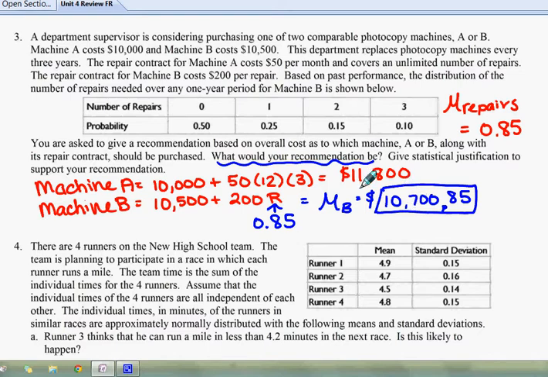And just to get up to that $11,800, you are so many standard deviations away, you are almost guaranteed to have a better choice with machine B. It is an almost 100% better option. My calculator actually gave me back a 1 for the probability that machine B is going to have a better cost.